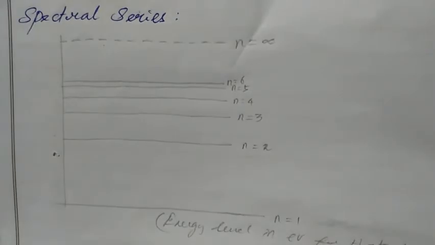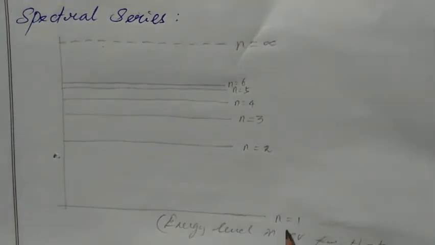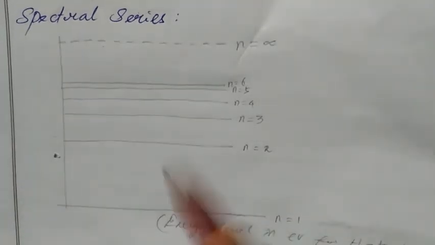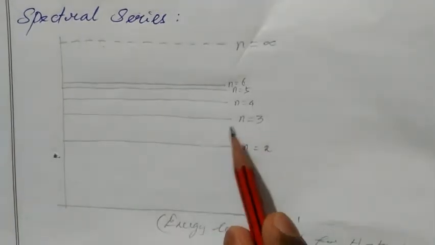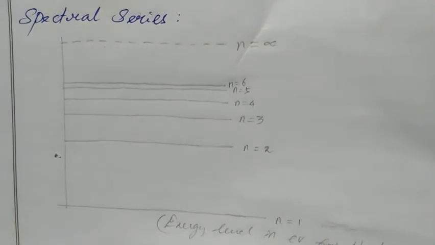The next topic is spectral series. Based on the transition of electrons, we have different kinds of spectral series. Let's take this as the first level, or ground state. Second level, the excited state, then the third excited state, and it goes on up to infinity.